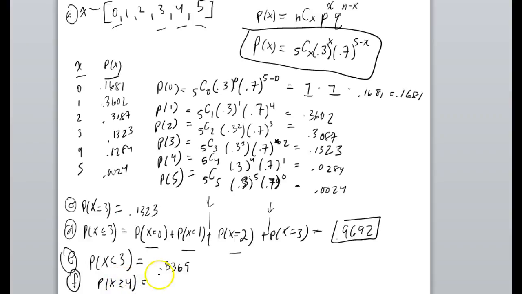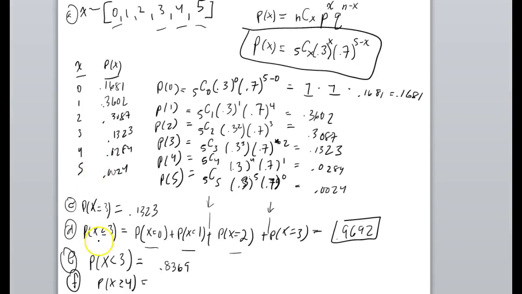And this is something important to note. If we're looking at these x values here on the left-hand side, the 0, 1, 2, 3, 4, 5, the probability of x less than or equal to 3 is going to be the exact opposite of greater than or equal to 4.